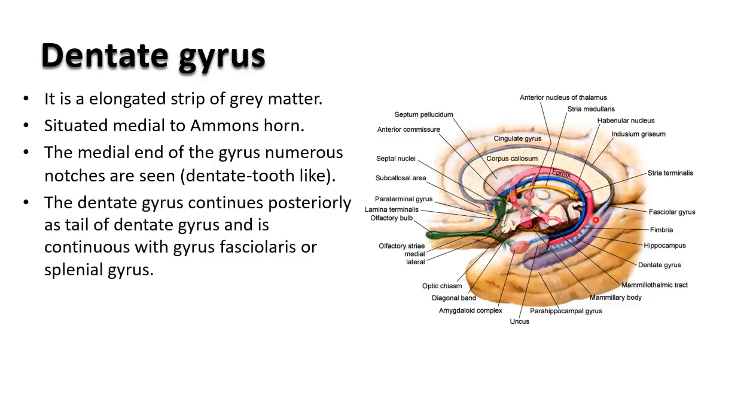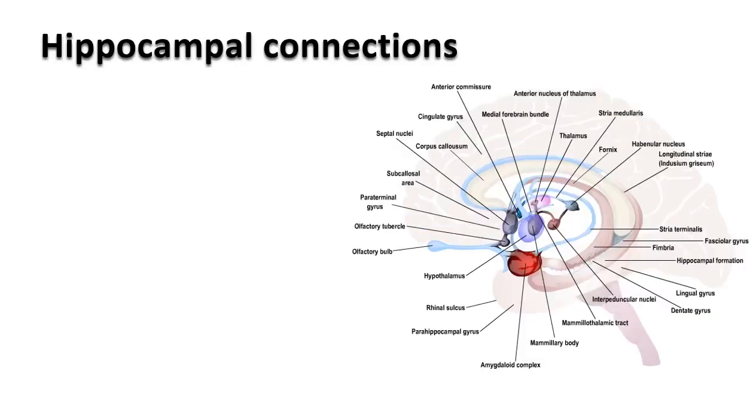It continues as the tail and continues with the gyrus fasciolaris, the fasciolar gyrus or splenial gyrus as it is called. So the dentate gyrus, the tail of the dentate gyrus and the gyrus fasciolaris, which you are able to see here. From the medial end of the dentate gyrus the fimbriae arises, as I told you. And anteriorly the fimbriae will cover a thin layer of white matter on the hippocampus called the alveus.